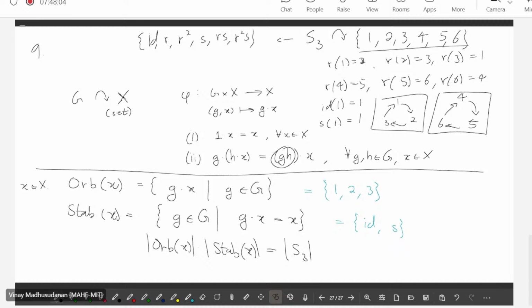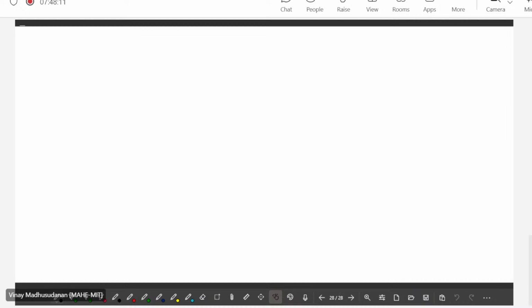Yeah, the first question is prove that orbit is equal to this. That's because in the notes I defined orbit in a different way. You can define orbit in this way. So if you take x, y belonging to X, define an equivalence relation as follows.